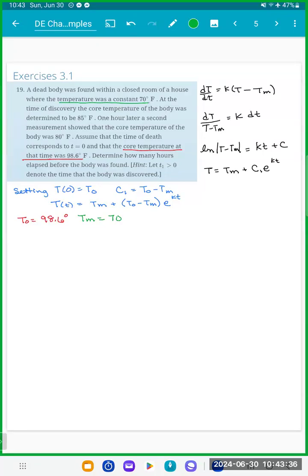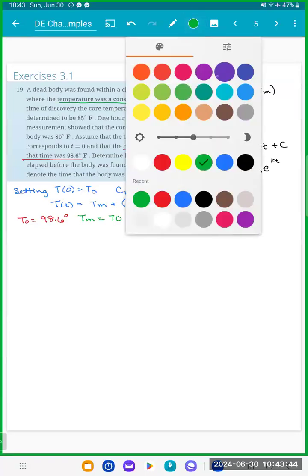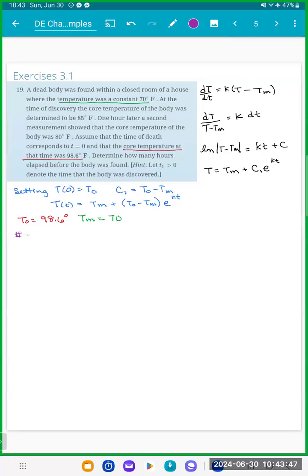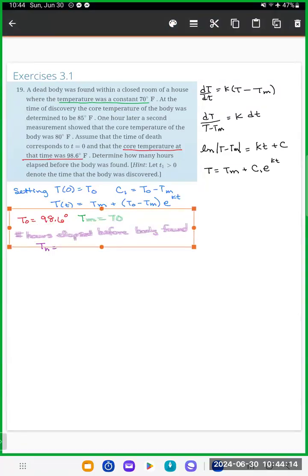Now we want to let n be the number of hours that have elapsed before the body was found. I forgot to put the n in there.